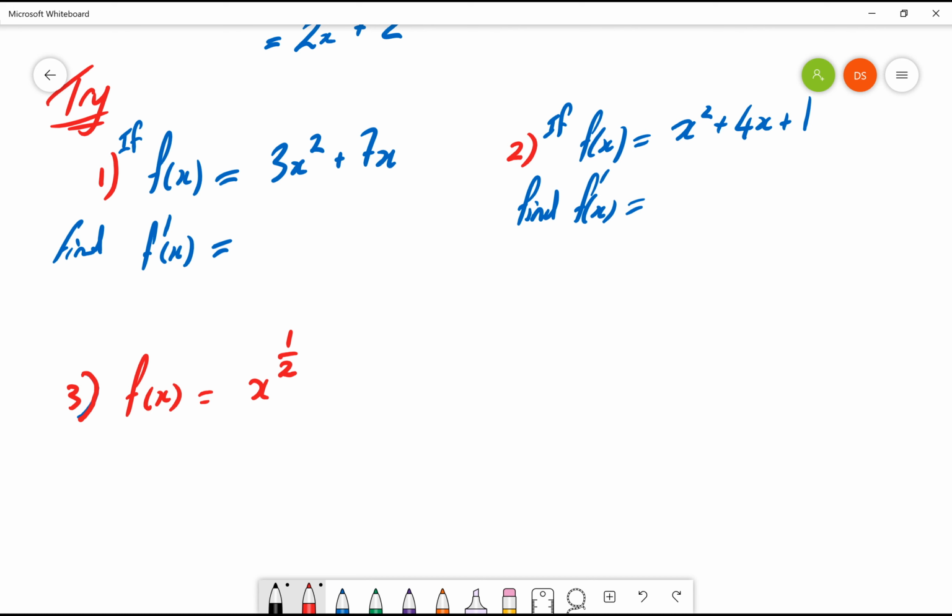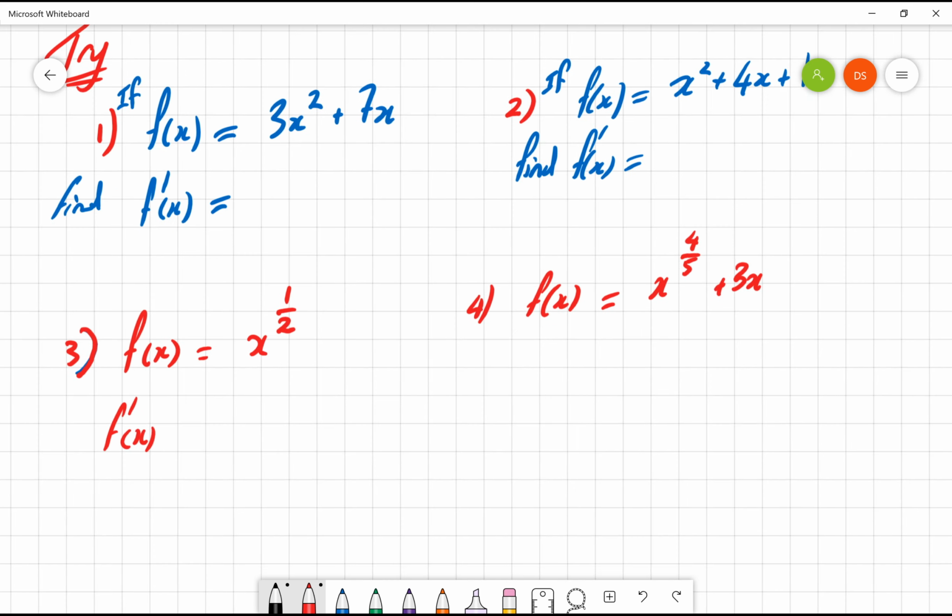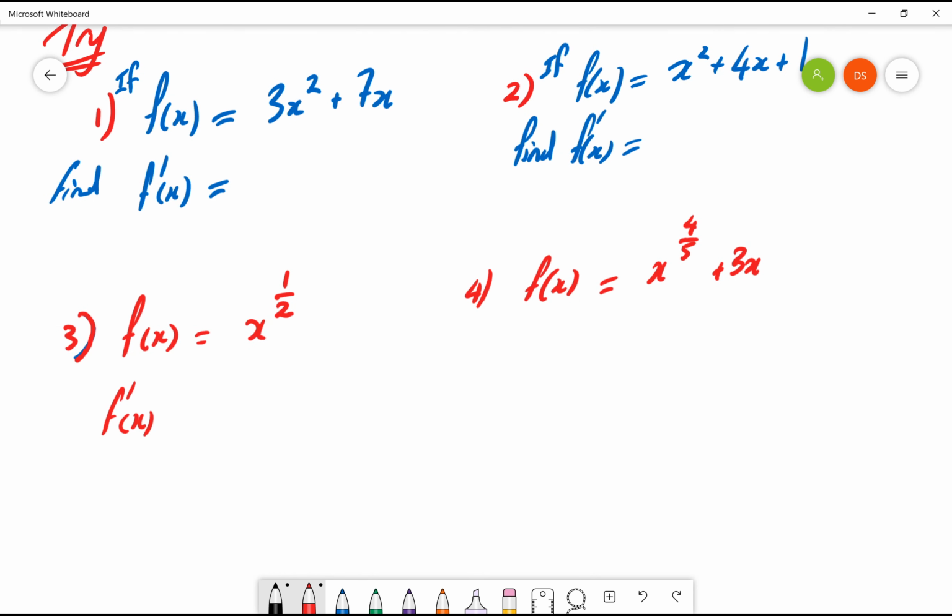What is that going to be? Question 4. f of x is equal to x to the power of 4/5. What's that going to be? See if you can figure that out. So 3x there. Yep, first 2 are correct. Well done. I'm going to write 2 more questions for you.